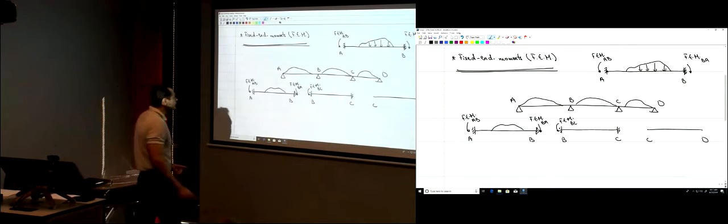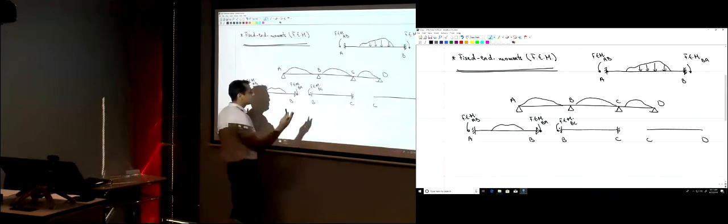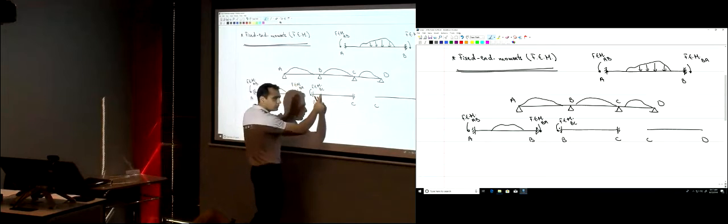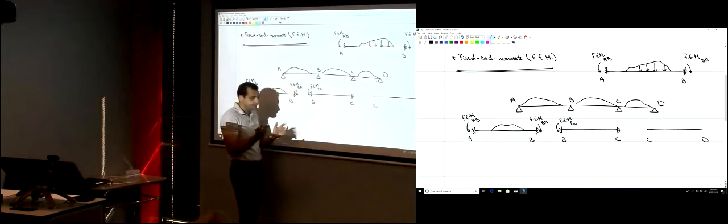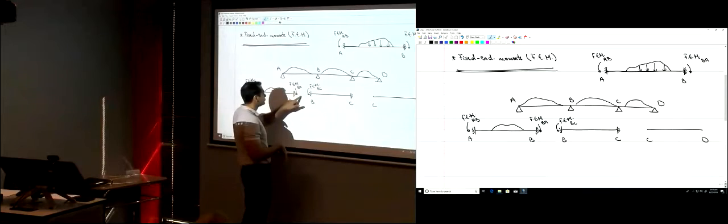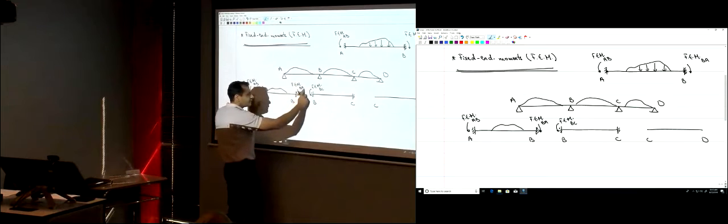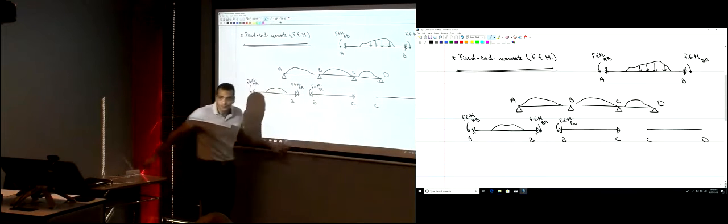You see now why we needed to write BA, not just B, because if I just say fixed end moment B, this is going to be fixed end moment B, and this is going to be fixed end moment B, but they are two different things, right? So to put a notation that this is the fixed end moment at B, being AB, I write BA, here I write BC, okay?